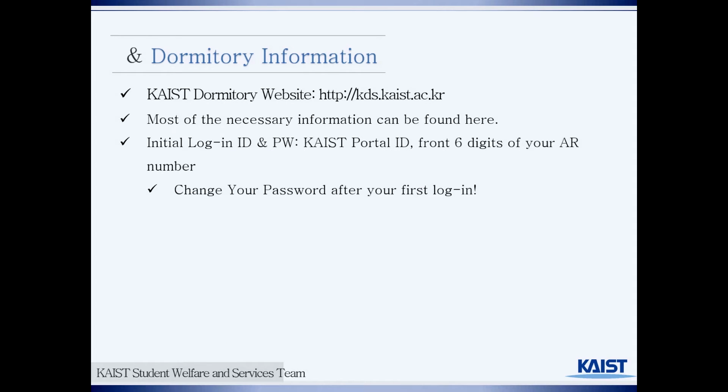So the KAIST dormitory website has some really important information. It has most of the necessary information that you may want to know. And the initial login ID and password are your KAIST portal ID and the first digits of your AR number. And to change your password, you have to first log in with that initial login ID and password, and you can go to my page and edit your password.